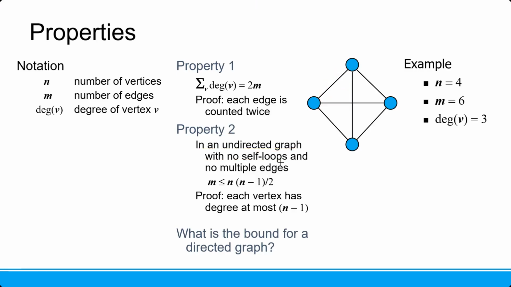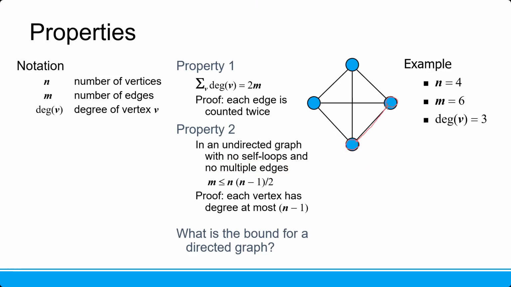What is self loop? A self loop is an edge that is going to its own vertex. So an undirected graph with no self loop and no multiple edges. What is no multiple edges? This is if we have one vertex and we have another vertex.